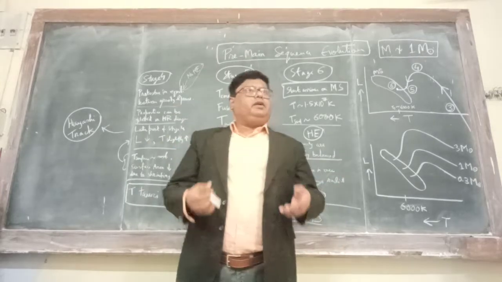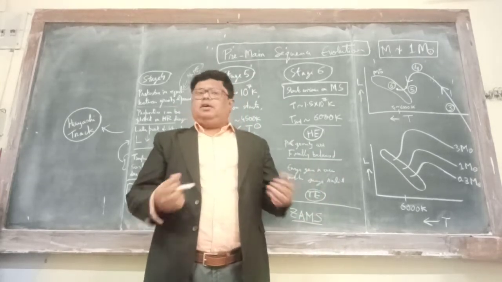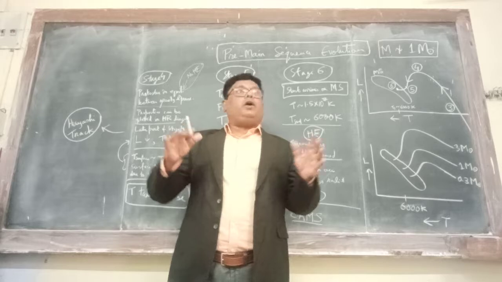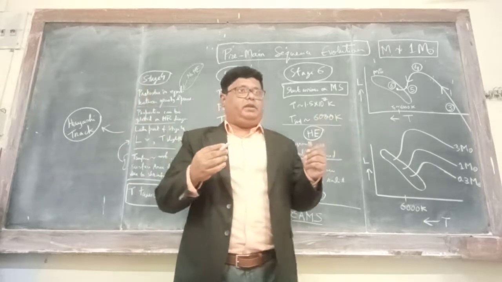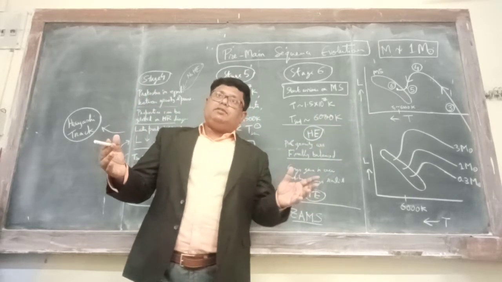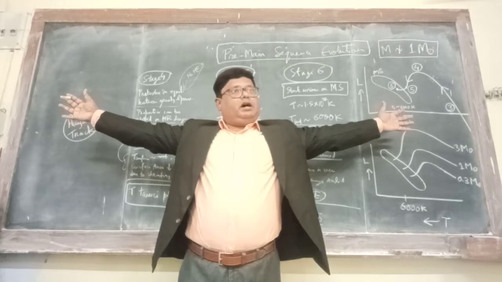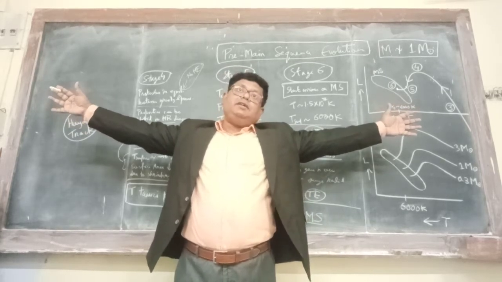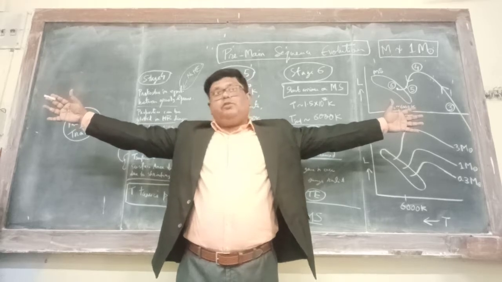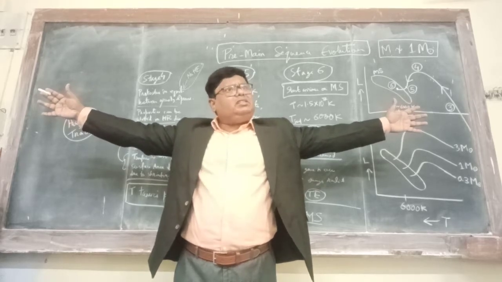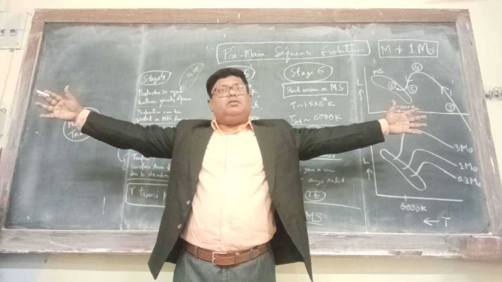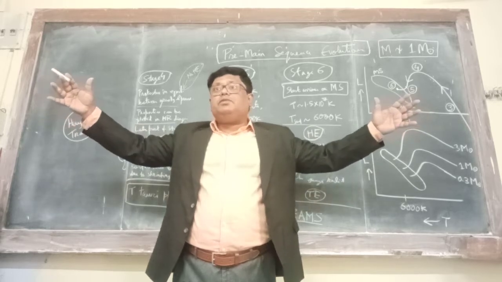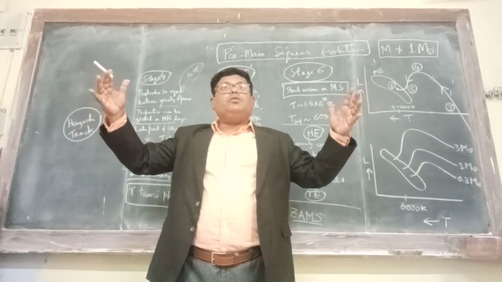Now you must be wondering, why is luminosity decreasing? For that you have to consider why the luminosity was increasing in the first place. Luminosity was increasing because the surface area was large. Now what is happening after that? The surface area is large, there is no fragmentation, but contraction is there. So surface temperature will become lower and lower.